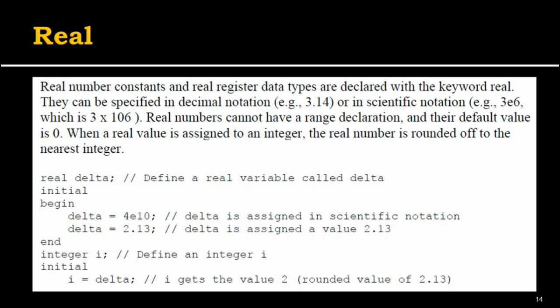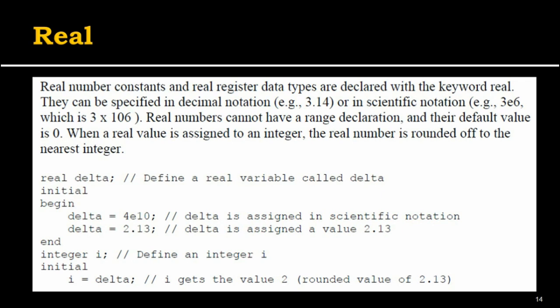After that, we consider integer i. The i is the identifier declared as an integer. Then initial i equals delta. Here the last delta value is 2.13.